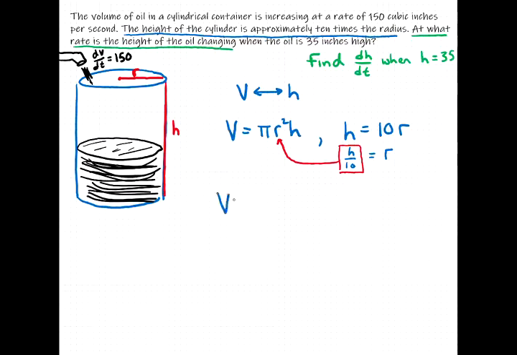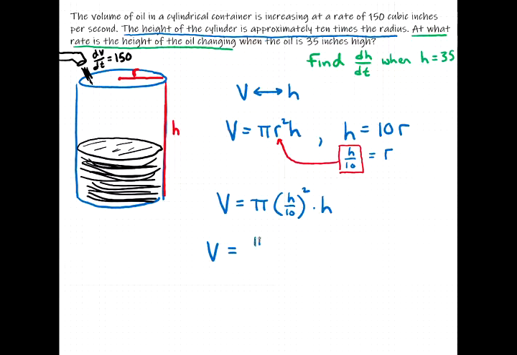All right, so volume equals pi times the radius, which is h over 10, squared, times h. Okay, so there's our formula. Now we have an equation that relates only the two variables whose rates of change we're interested in. All right, so let's simplify this. Volume equals, well, h squared over 100 if we square this.